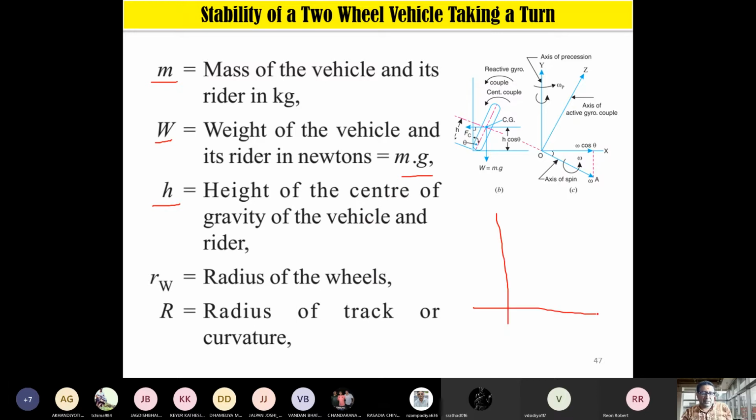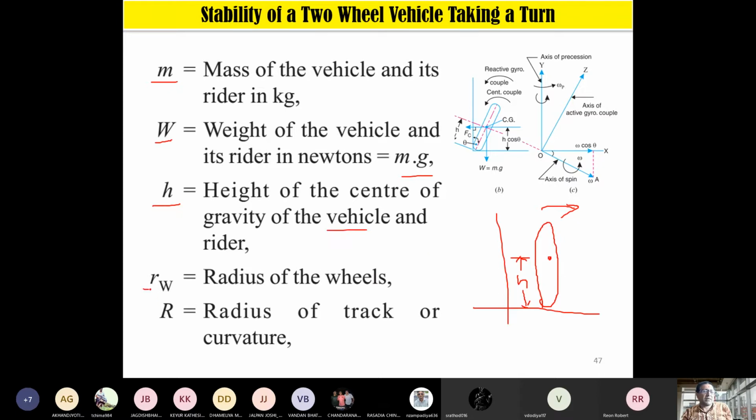Initially when it is not rotating, the condition will be something like this, and here is somewhere the cg. So this distance is h. But when you are taking a turn, then it will come to this condition. So h is the height of the center of gravity of the whole vehicle, not the cg of this wheel.